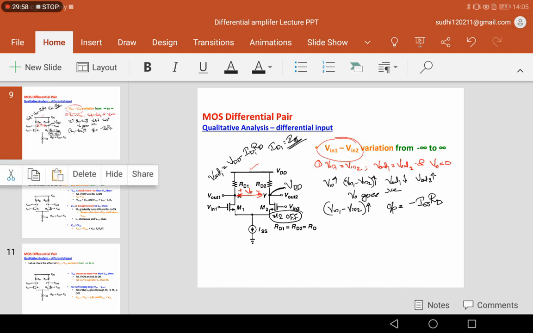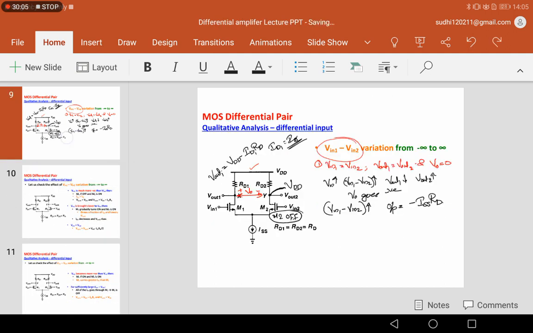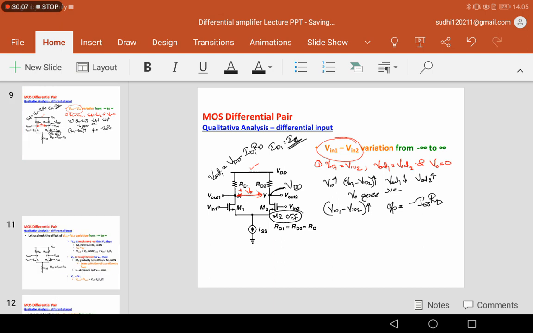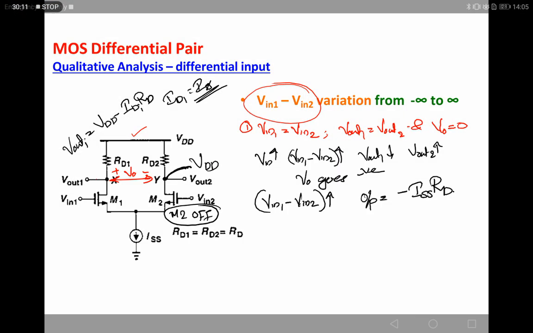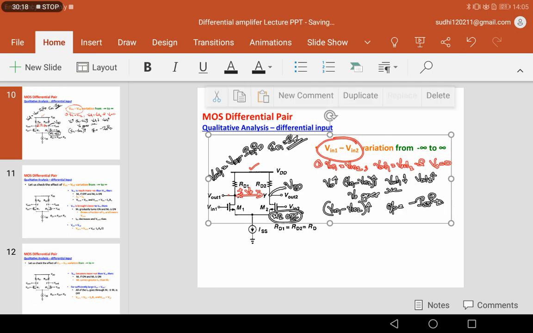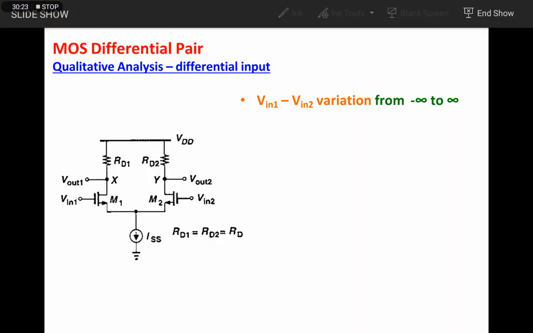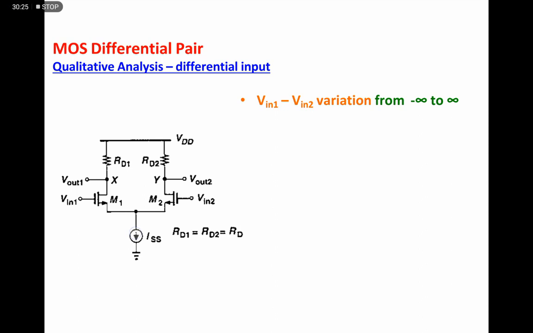Make a copy of this one. Here I think I need to delete all this. I need to find at what value of Vin1 minus Vin2 one of the transistors becomes off.